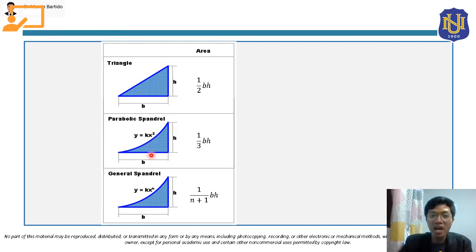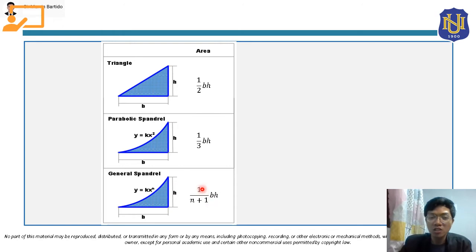So the area of this parabolic spandrel is equal to 1/3 base times height. This formula came from the formula for a general spandrel. A general spandrel has base b and height h, and the equation of the curve is y = kx^n.